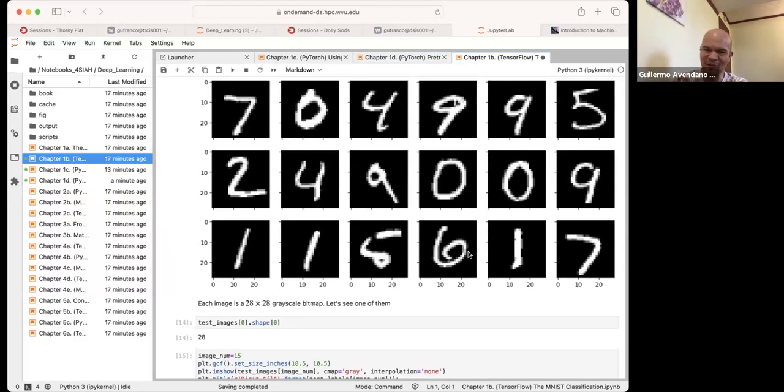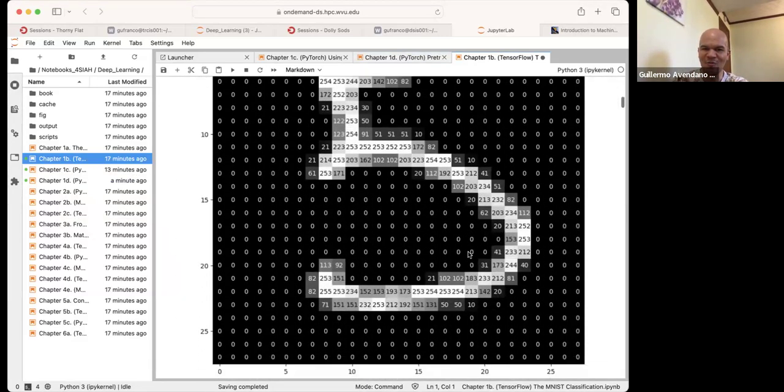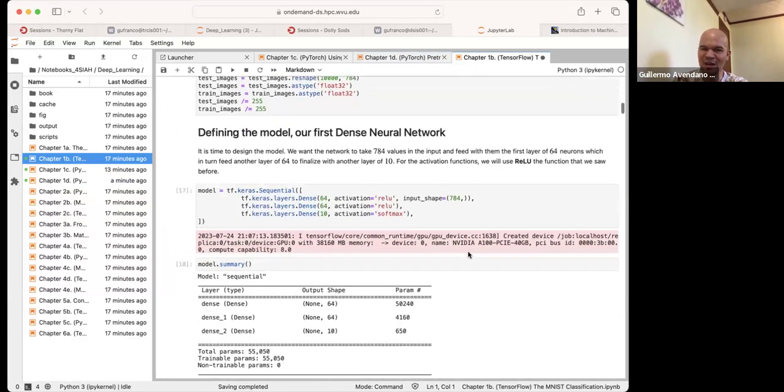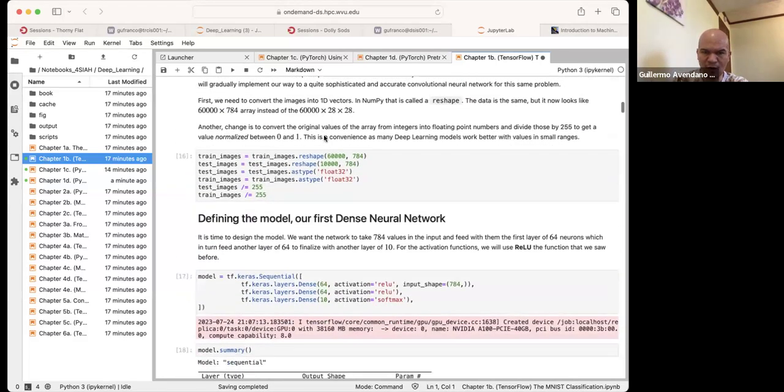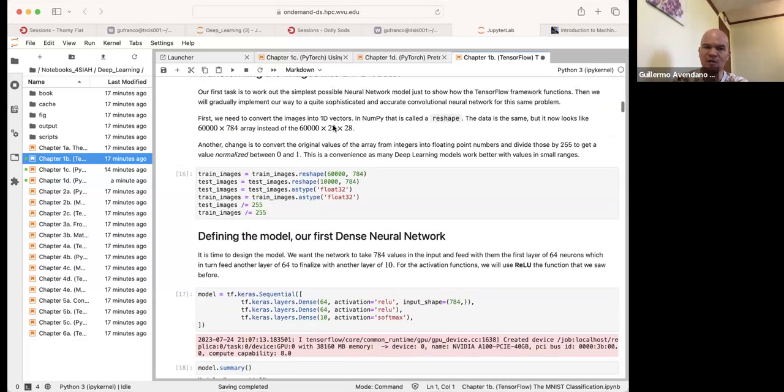I have some handwritten digits, and I would like to use a neural network, initially a very simple one. The images are 28 by 28, with 60,000 images.